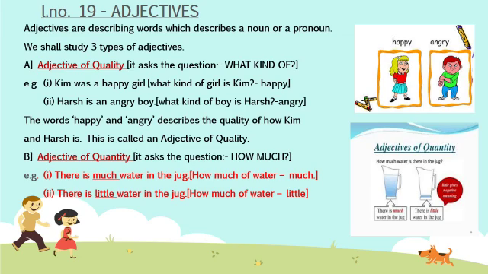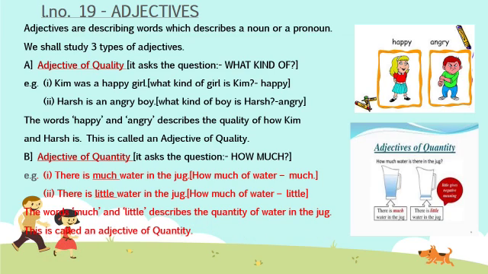So the question, how much water is there, is about adjective of quantity. It describes the quantity of any liquids. The words much and little describe the quantity of water in the jug and are called an adjective of quantity. So these are the two types.